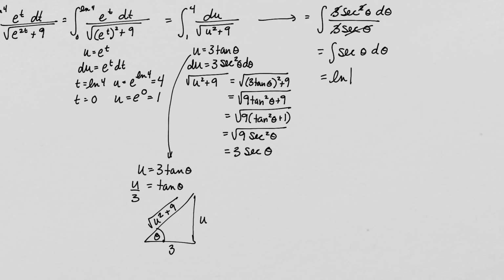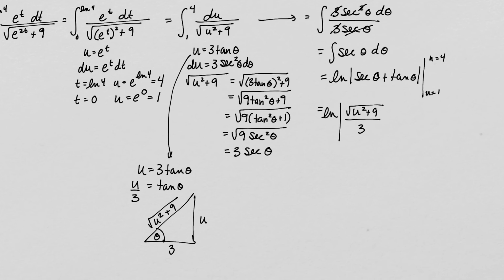So this is going to be the natural log, the absolute value of secant theta plus tangent theta. And then remember, we're evaluating it, but those 1 and 4 are u limits, so from u equals 1 to u equals 4. I have to read off of the triangle what the secant of theta is. Secant is the hypotenuse, so the square root of u squared plus 9, divided by the adjacent, so divided by 3.